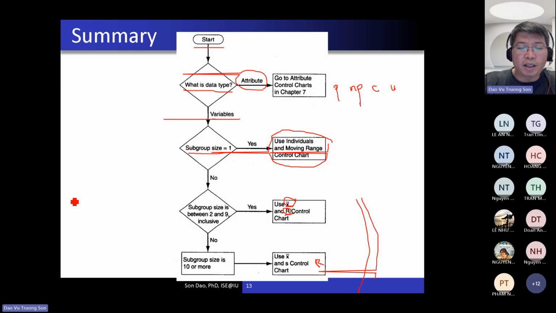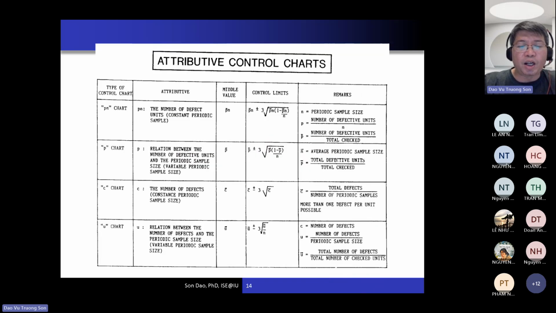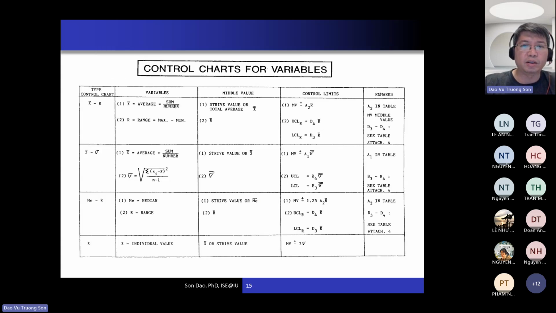You can also find a summary of some of the common formulas. For example, here you have the NP chart, P chart, C chart, and U chart, with the average and control limits at plus and minus 3 sigma, everything already here for you to use.